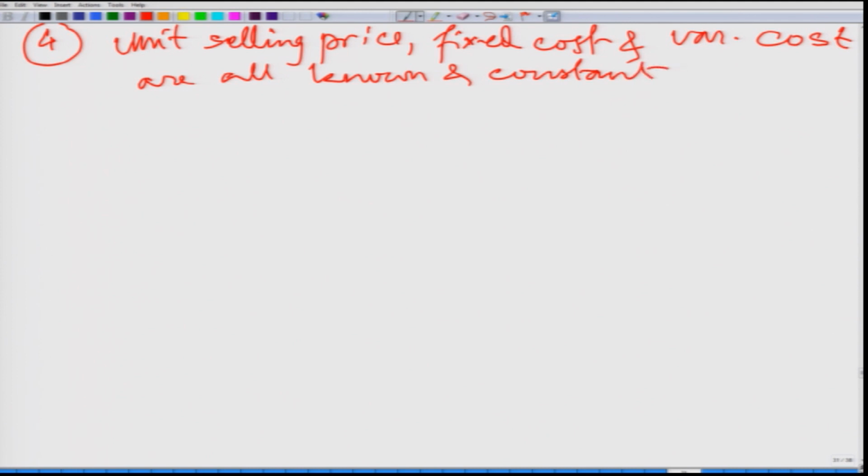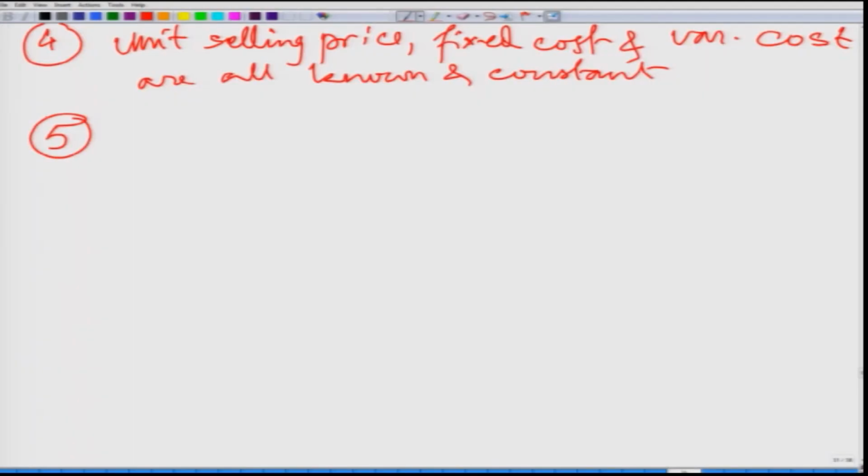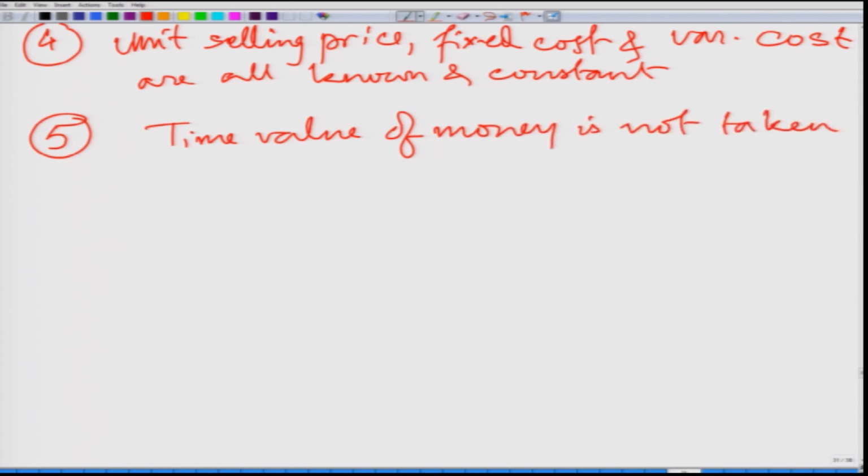The fifth is that when we are talking about the revenue and cost, they can be added and compared without taking into account the time value of money. So when I am doing my CVP, the time value of money is not taken into account.